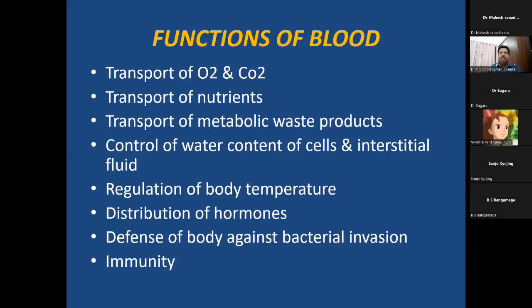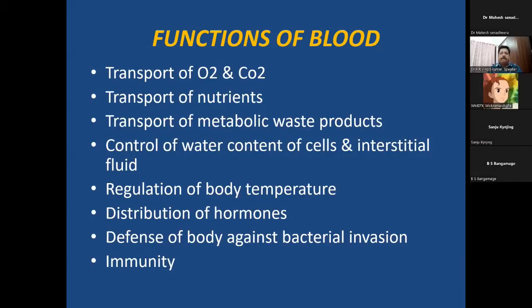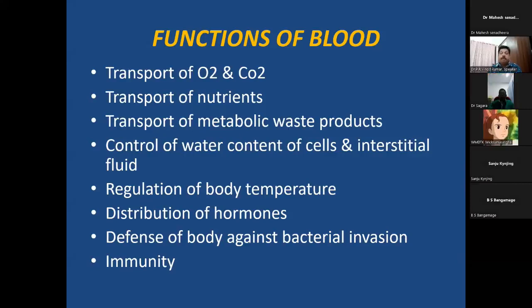So there will be increased blood circulation to the peripheries, and thereby there will be exchange of body heat from the interior or the core of the body to the outside of the body. So regulation of body temperature. Just opposite to that, if you go to cold climates, everything will be shrunken. The peripheral circulation will be reduced.